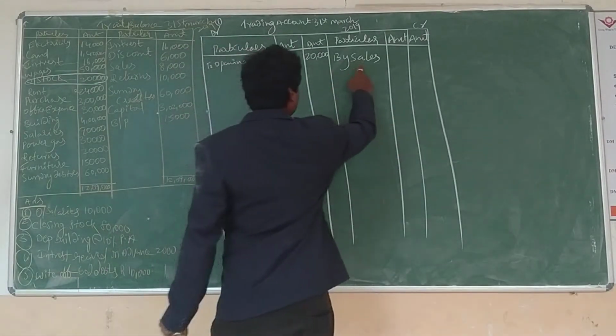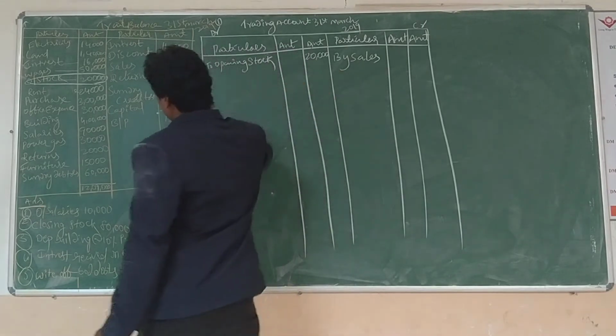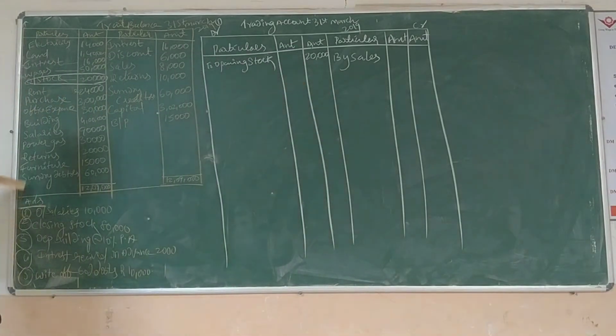See, what is the sales amount? Is there any sales return in this problem?